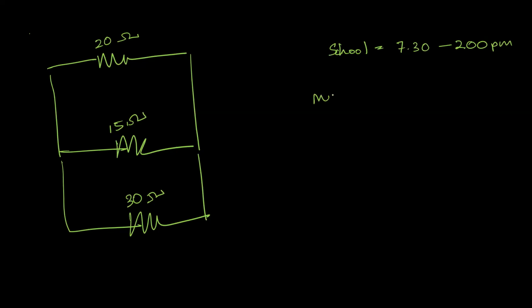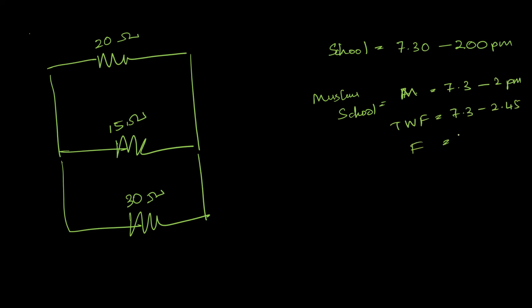For Muslim government schools, the timing will be Monday 7:30 a.m. to 2 p.m. I think you all got this, no? In school, did they inform? Tuesday, Wednesday, Thursday, 7:30 to 2:45, and Friday it will be 7:30 to I think it's 12 or 11:45. I can't remember. I'll just put 12. So this will be the timing.